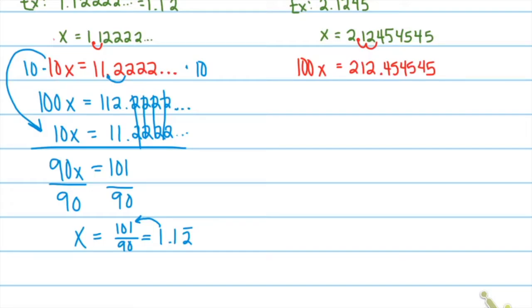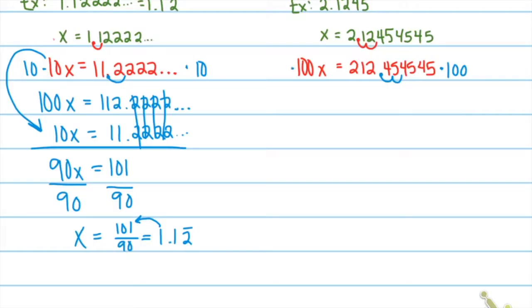Okay, now coming back and looking at the left side also, the next thing I did was I multiplied that new line that I just wrote by another power of 10 in order to get one full repetition out from behind my decimal. Well, if I want to get one full repetition, which is one set of the 45s out from behind the decimal, I've got to multiply by 100 again.